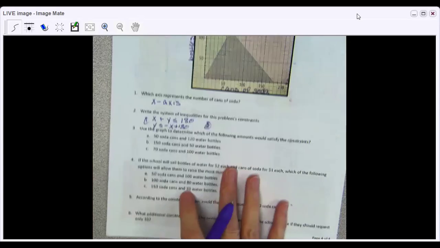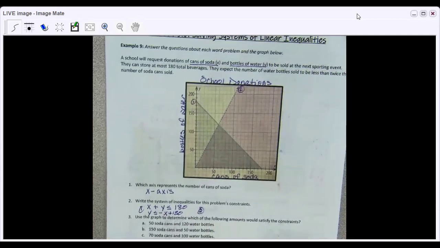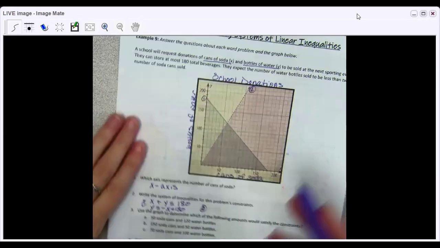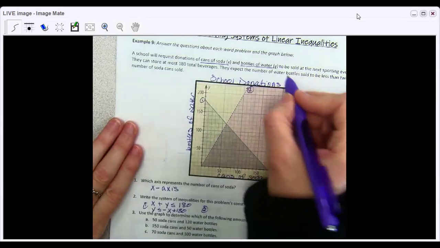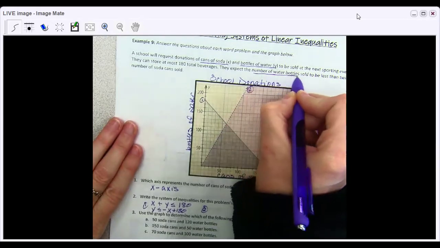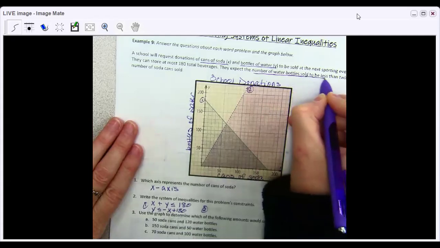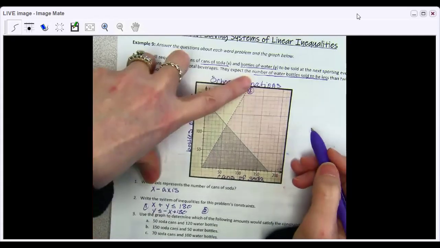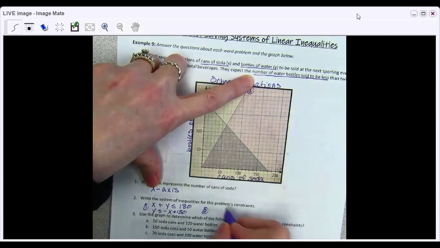So I want you to look at the word problem. We're going to base it on the word problem and then change it into slope-intercept form. It says they expect the number of water bottles to be sold to be less than. So what variable represents the bottles of water?